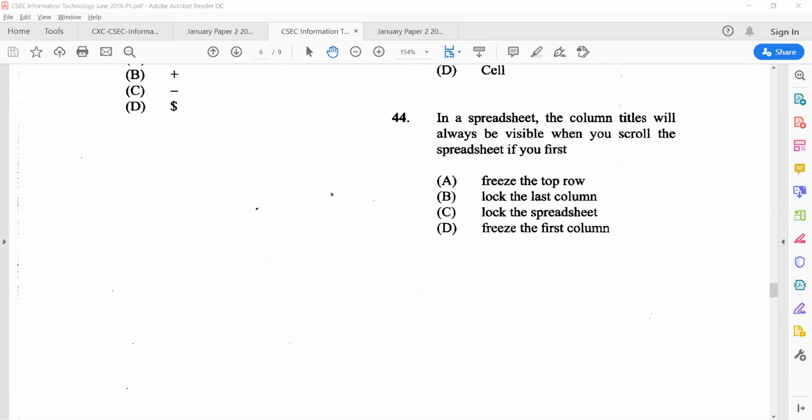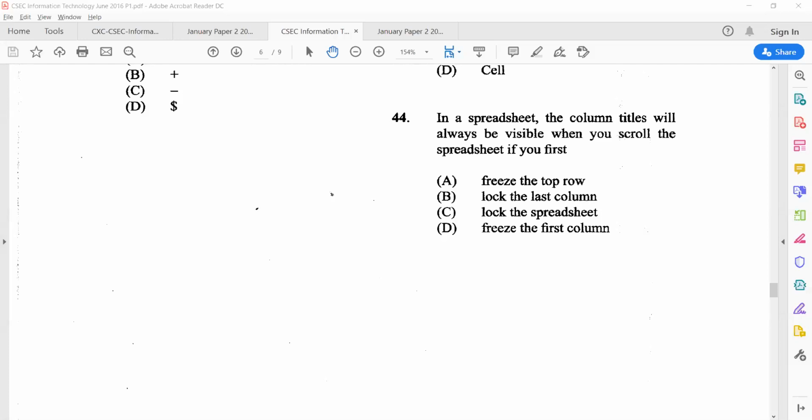Now, when you scroll the spreadsheet, you still want to see the column titles. The feature that enables this is freezing the top row. All right, so the answer is A.